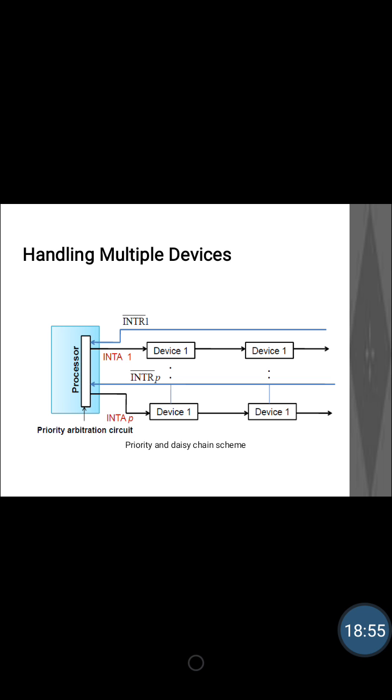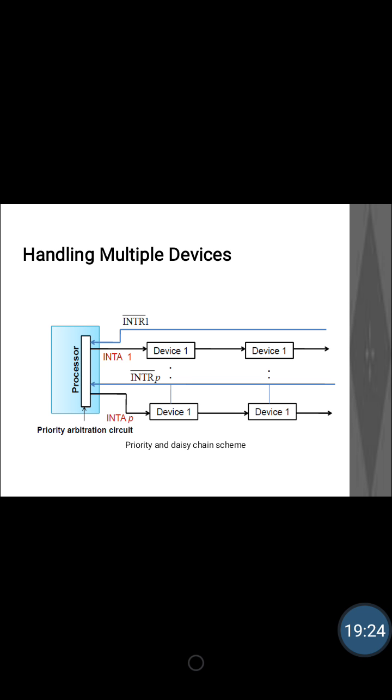Then a combination of both, that is daisy chain and priority arbitration. Here you can look at device 1, device 2, device 3, many devices which will be connected to INTR bar 1, and acknowledgements will be sent through INTA1. Okay. Then you have one more such set, INTR 2 bar, INTA2, likewise INTR P bar, INTAP.